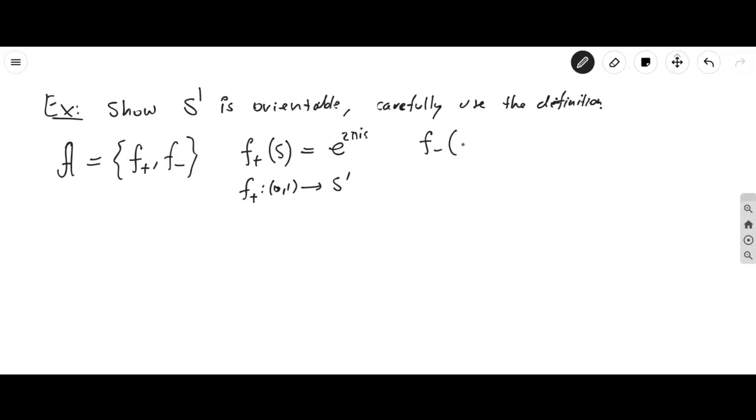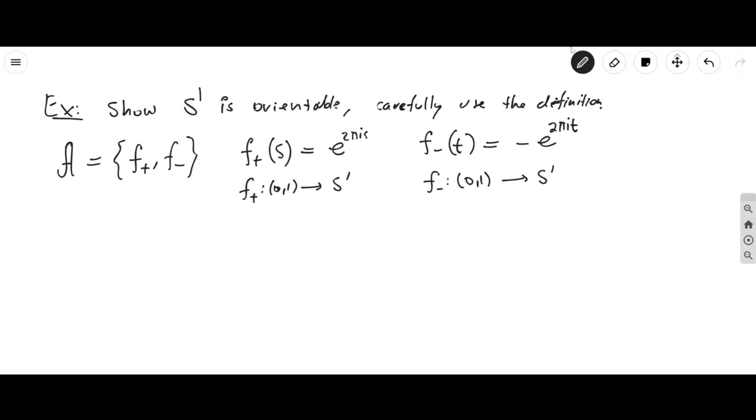And for the negative chart, we use the variable t to denote it so that we can distinguish between the charts. We can, of course, keep on using the same letter, it's just convenient to switch it up. And this was e to the negative 2 pi i t. So this was f minus into S1.